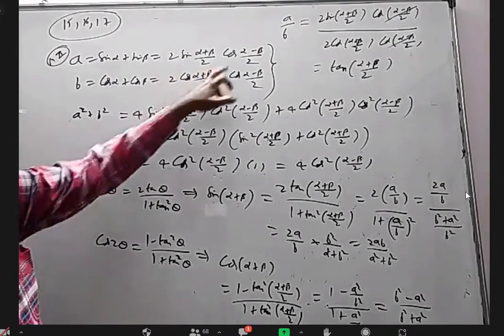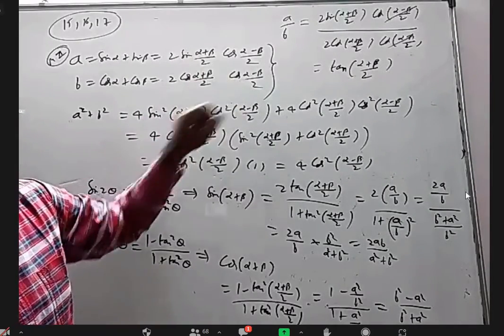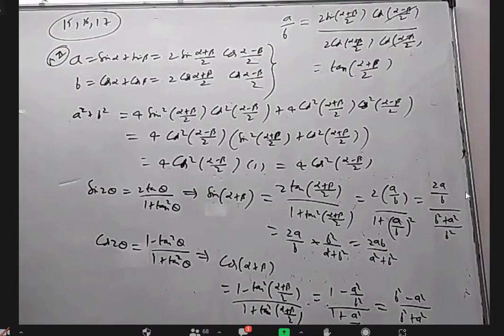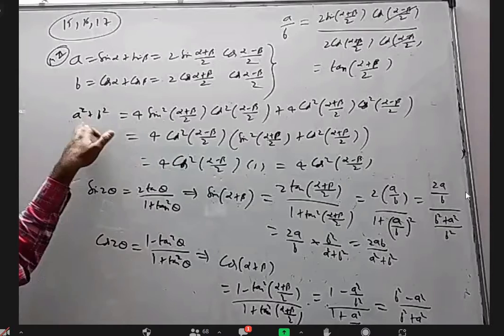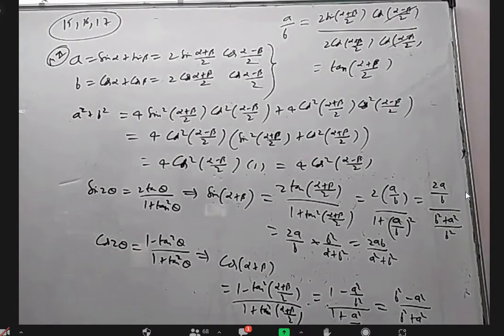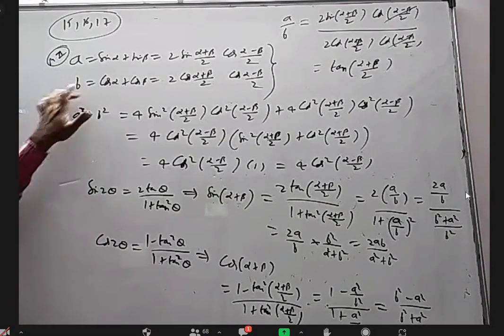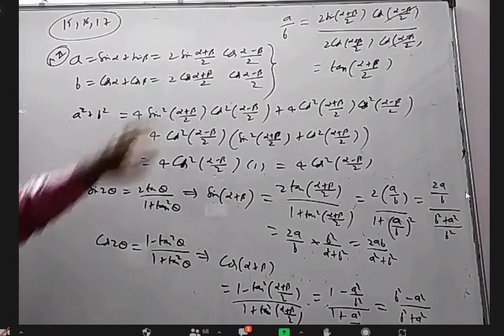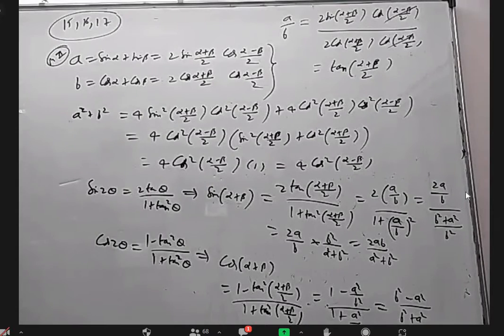This will give you, but what about this part? It will become cos square of alpha minus beta by 2, and you want to substitute in this step. Somebody can even multiply A and B after transformation. You can do that also. Yes, you are right. So we are just telling the difference.